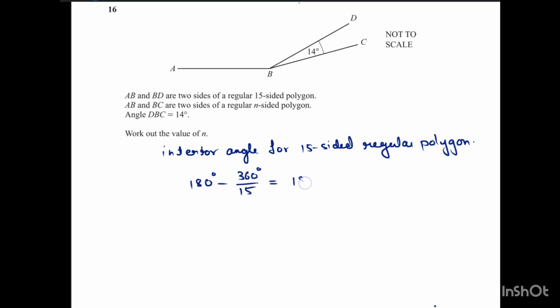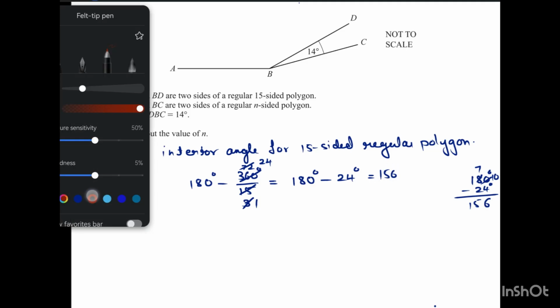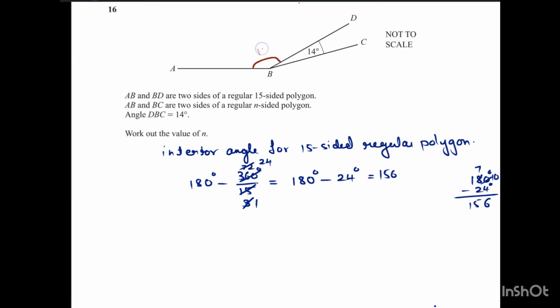That will be 180 minus 24, since 360 divided by 15 is 24. 180 minus 24 will be each interior angle, which is 156. So now we got this angle, this value 156.